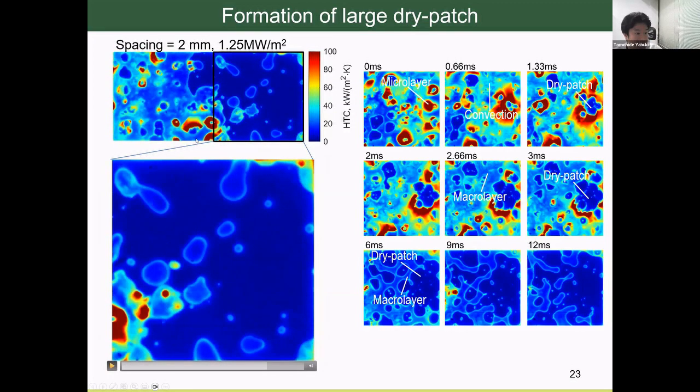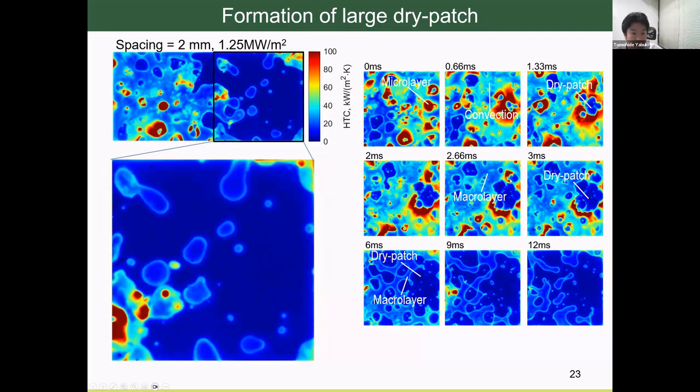These snapshots show that before the formation of the large dry patch, there exists a macrolayer here and here, and depletion of this macrolayer due to evaporation and also the wetting motion results in the formation of a large dry patch under the mushroom bubble.